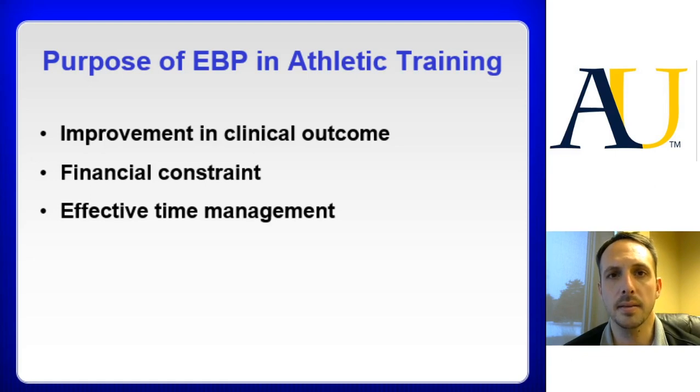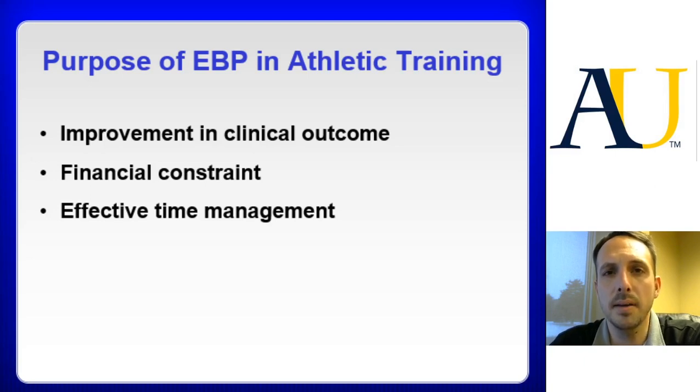The second component is finances, and these financial constraints can go both ways. First and foremost, you need to understand the value of what you are doing for the possibility of reimbursement. If you expect somebody to pay for what you are doing, it makes reasonable sense that they would require some sort of proof that what you're doing is going to help them with what they want.